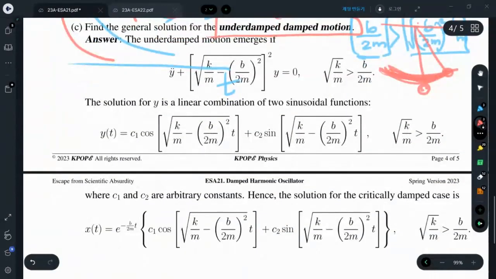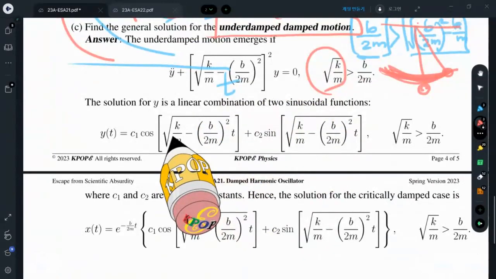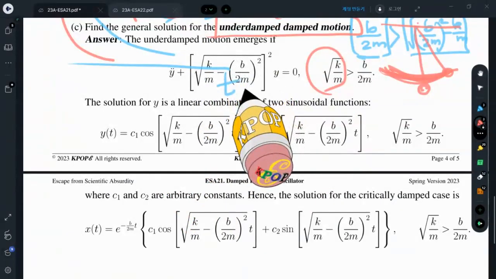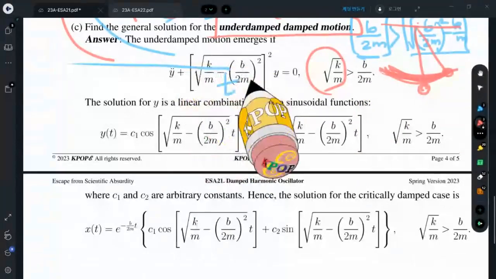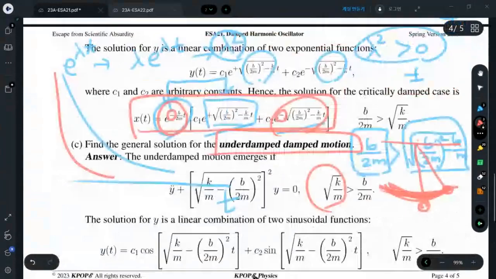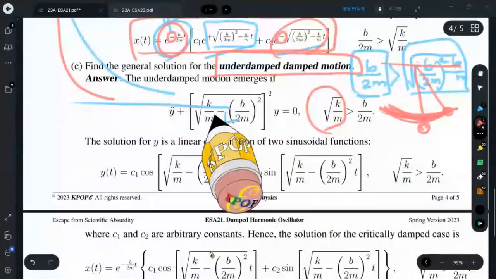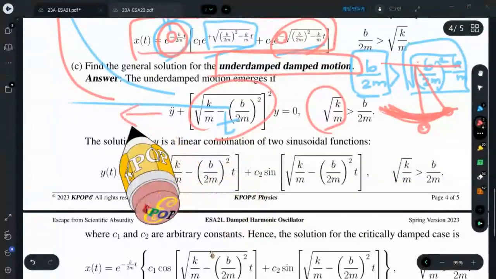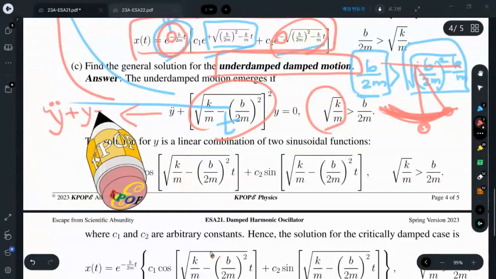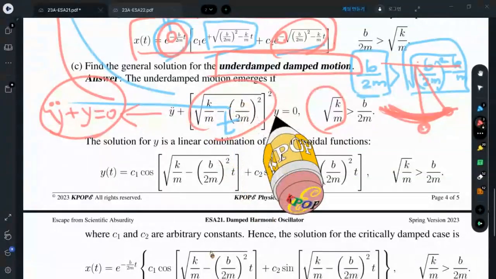It oscillates because in that case, the spring constant is strong enough to win the game against the damping force. In that case, this part becomes positive. I have moved that term from the right-hand side to the left-hand side. And if it is positive, it reduces to something like y double dot plus y equals 0, if I absorb this factor into y.